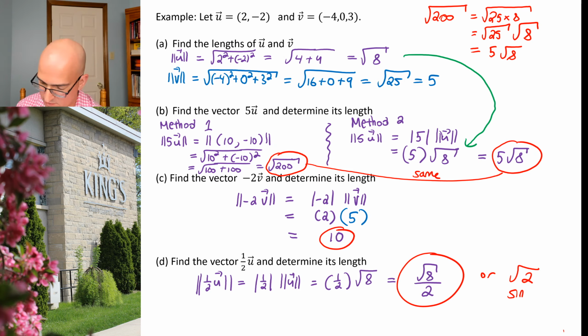Since the square root of 8 is equal to the square root of 4 times 2, which is root 4 times root 2, which is 2 root 2. And then you plug that in for the root 8, you get 2 on top, canceling the 2 on the bottom, so just a root 2.